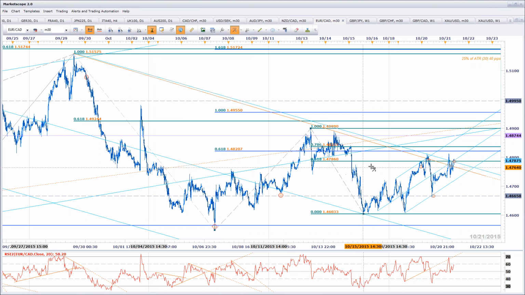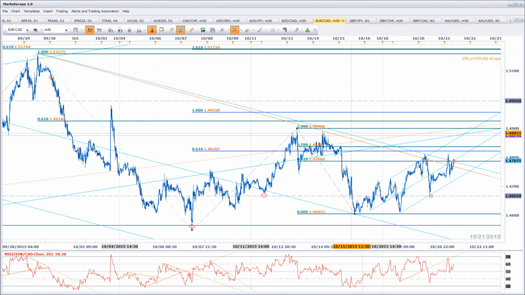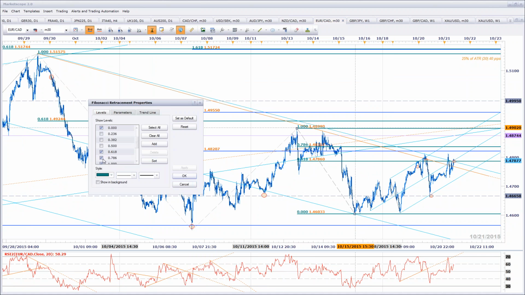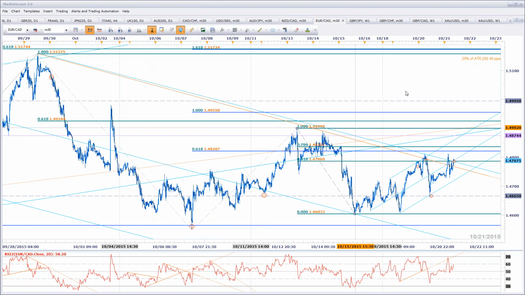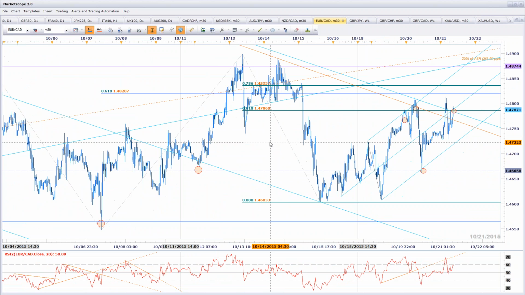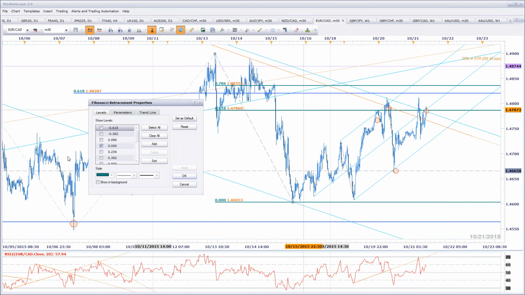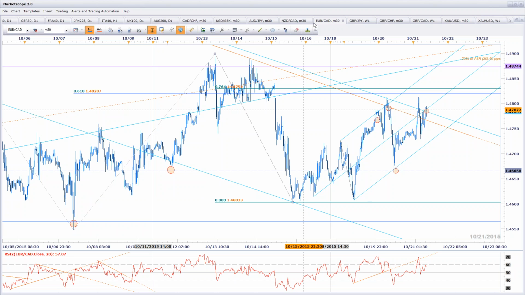A little bit larger of an ATR scalp, so I'm just going to highlight these levels anyway. This is the region that you'll want to clear.